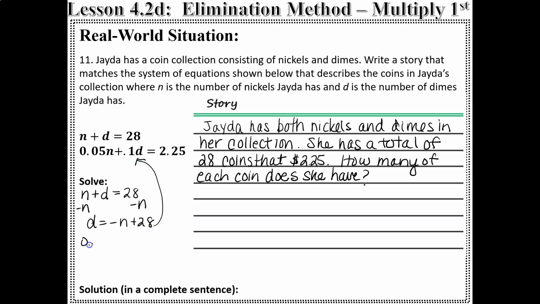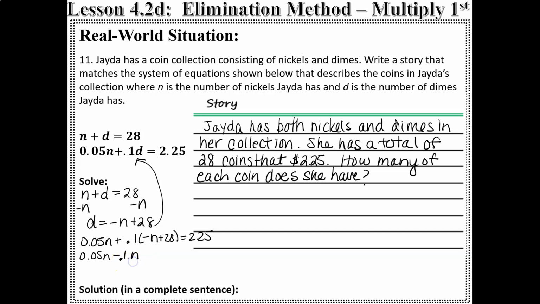So I have 5 cents n plus 10 cents times negative n plus 28 equals 225. So 1/10 times n is negative 1/10 n.